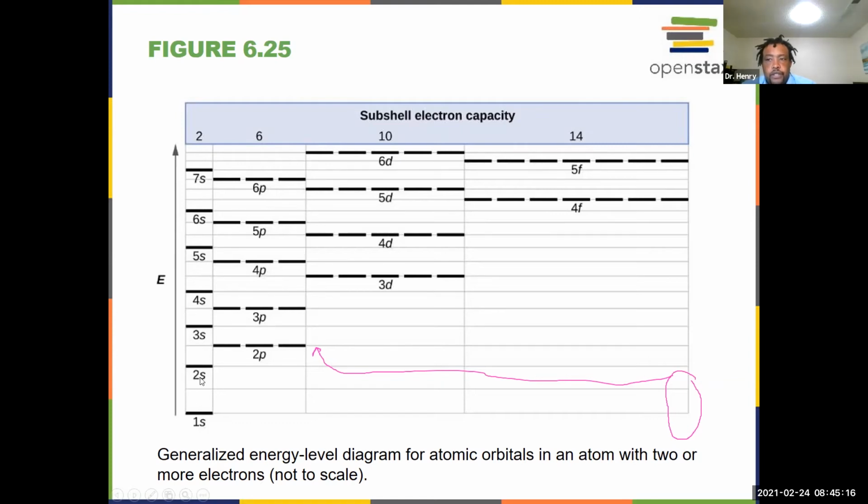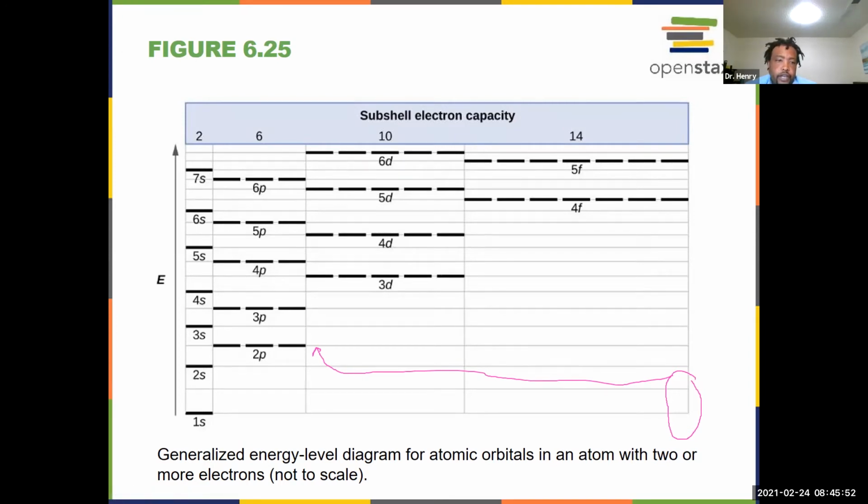It's always the 1S, the 2S, the 2P, the 3S, the 3P, the 4S, the 3D, the 4P, the 5S, the 4D, the 5P, the 6S, the 4F, the 5D, the 6P, and onward, right?